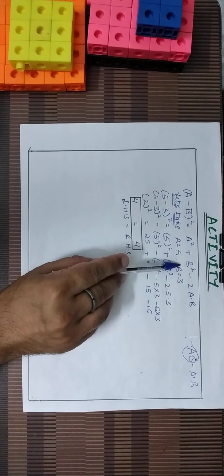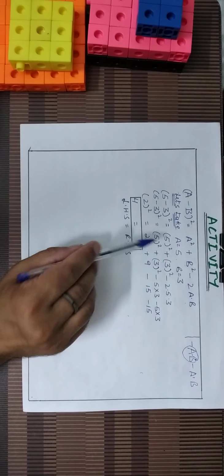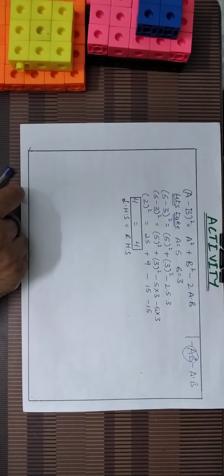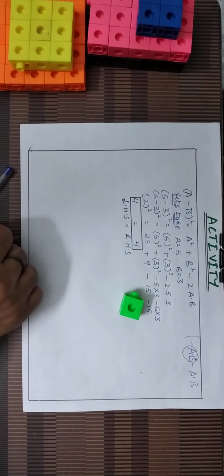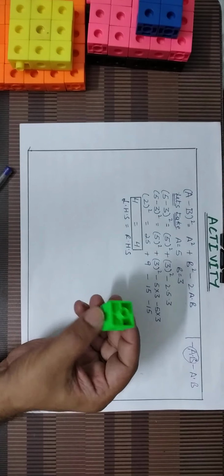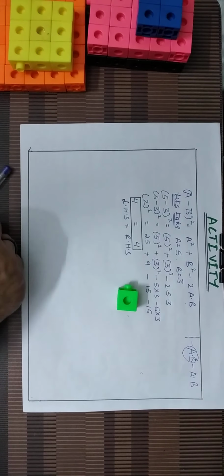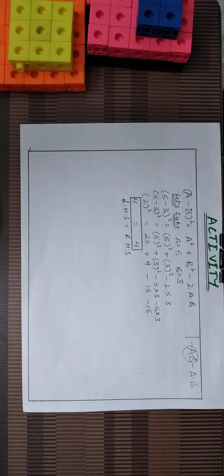We will do this activity with the help of multilink cubes. I hope you remember what multilink cubes are. I'll just show you again. This is a multilink cube, and it is considered as 1 unit.